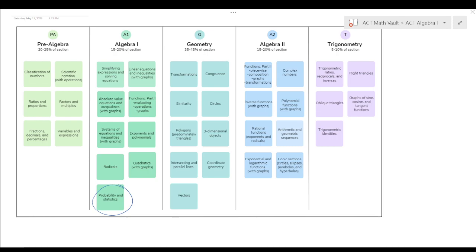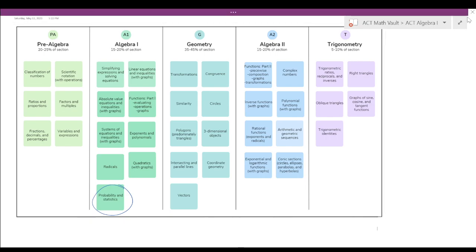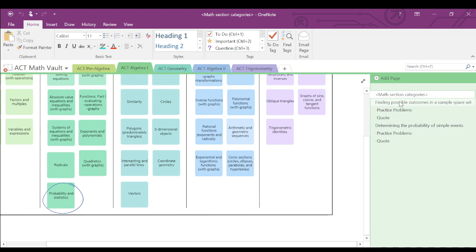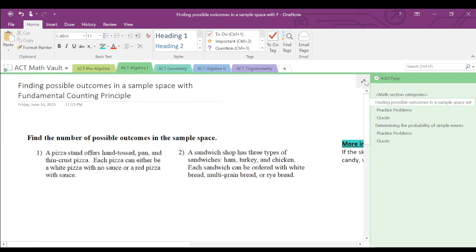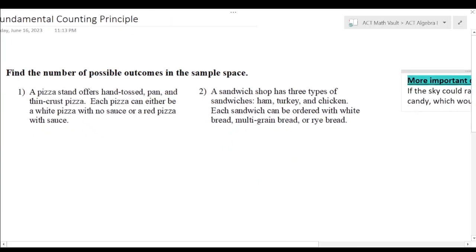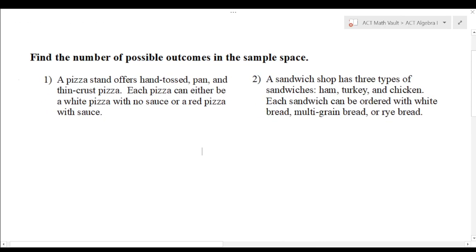I have fitted it in under Algebra 1 before in my own teaching, and so we'll call it Algebra 1. Could be Algebra 2 when you learn this. It's kind of different for everybody. So okay, I really like problems like these because if you know the trick, it's just so much easier than if you don't know the trick.